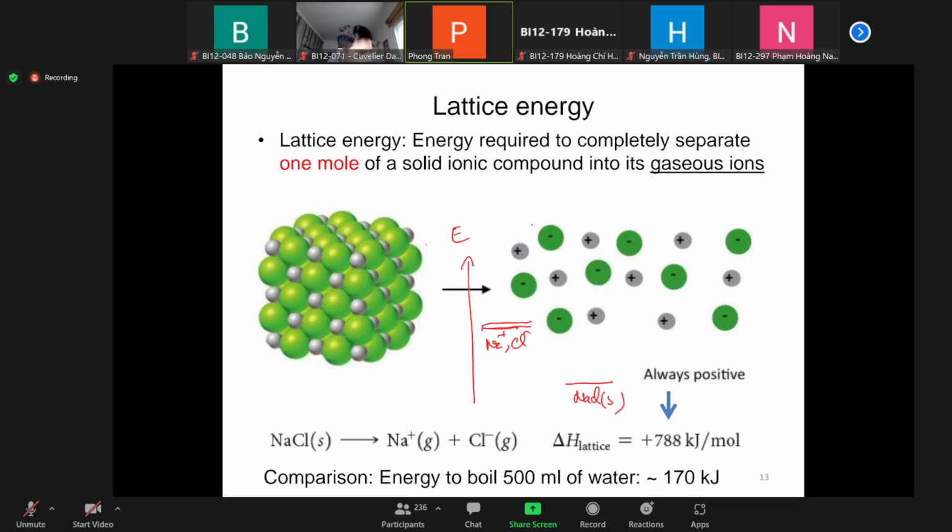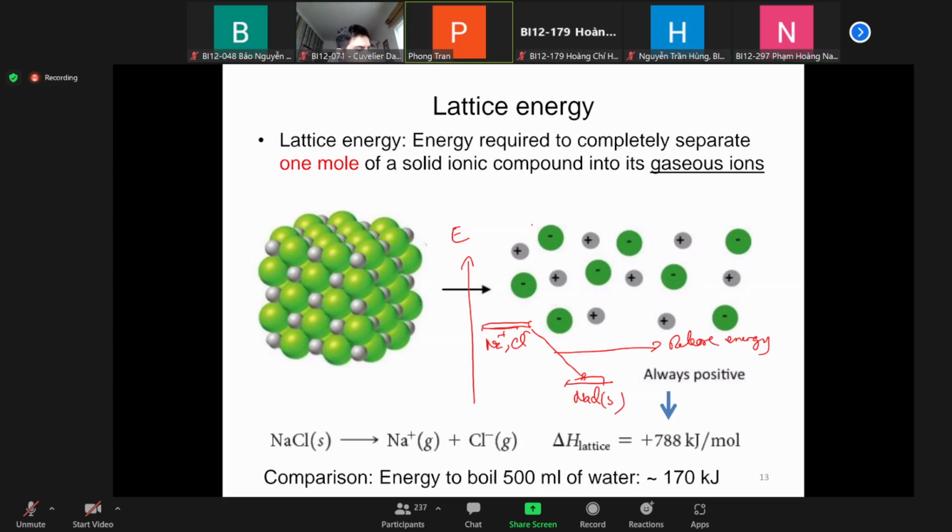So when they react, the interaction between the positive charge and negative charge generates the sodium chloride crystal, and this process will release energy. Okay?